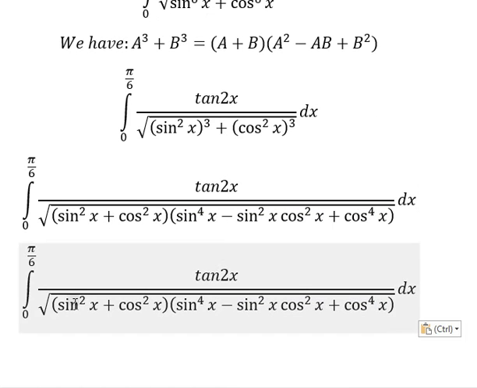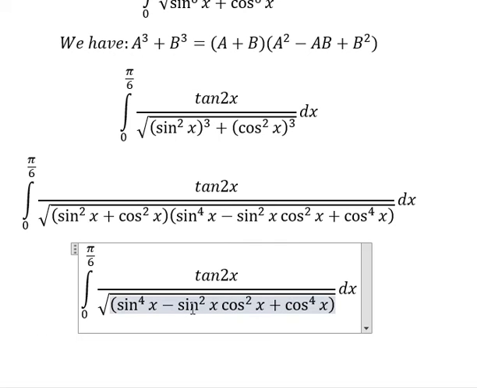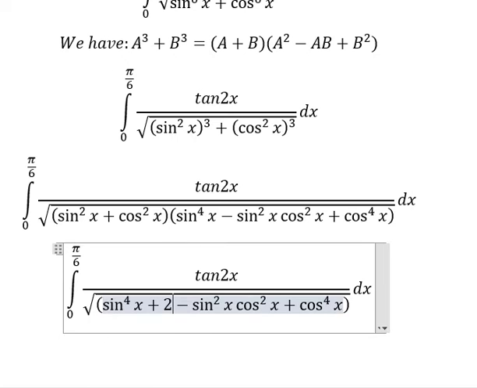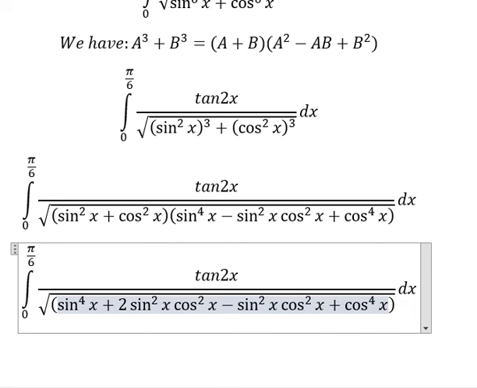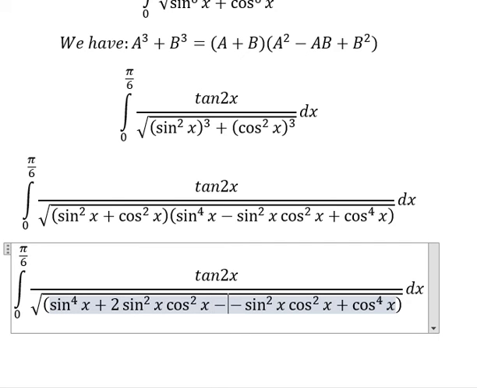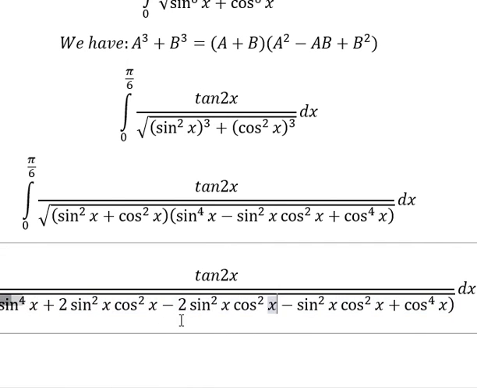So, this one is number 1. Now, we need to add 2 sin x squared cosine x squared. Later, we need to minus 2 sin x squared cosine x squared.